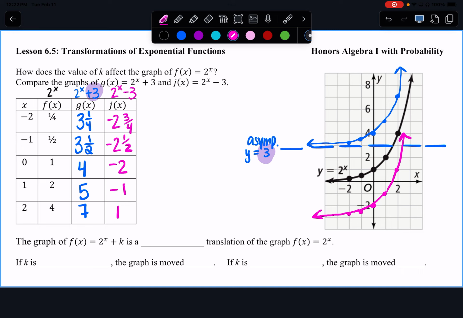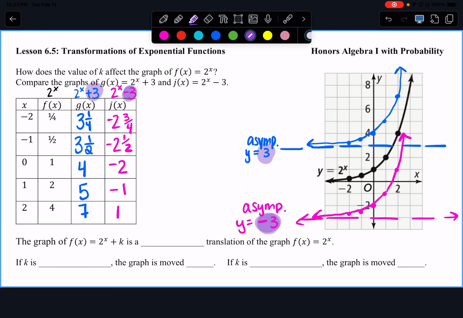So for this pink graph, where did our asymptote move to? -3. So it took our entire graph and scooted it down 3. And again, that is because we subtracted 3 at the end. It takes our whole graph and pulls it down.